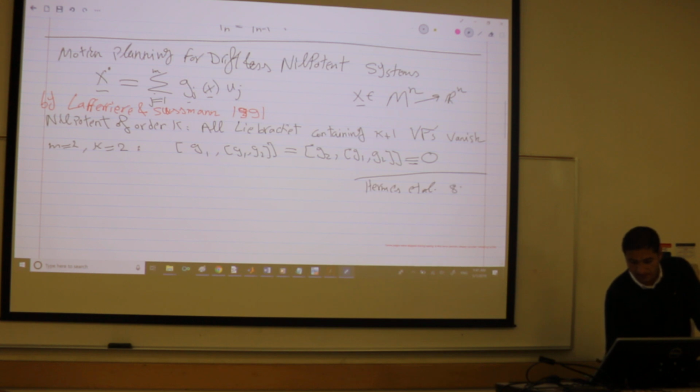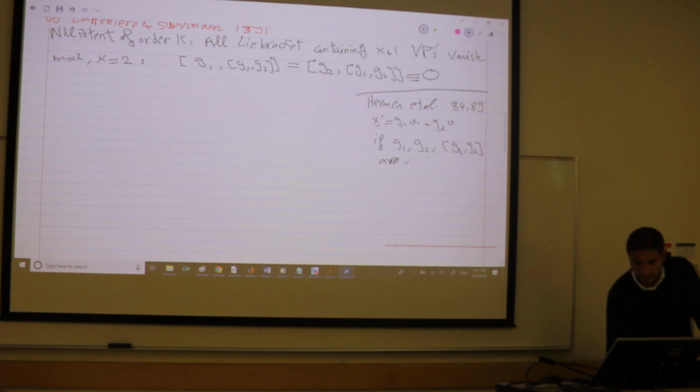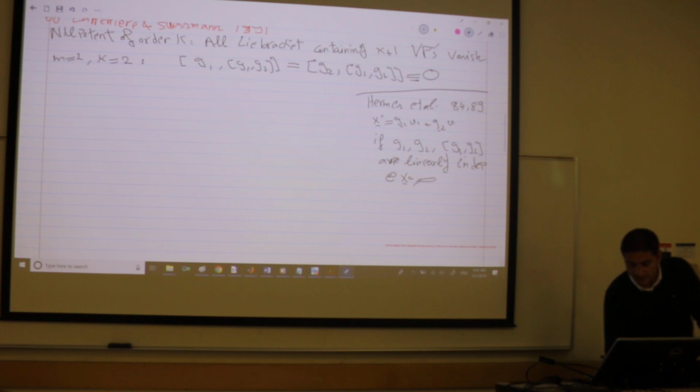Well, so these guys, Hermes, '84 and '89, they showed, at least for this system, x dot equals g1 u1 plus g2 u2, only two input vector fields, okay? If g1, g2, and their Lie bracket are linearly independent at the operating point, x naught, which is typically the case, then there exists some transformation.